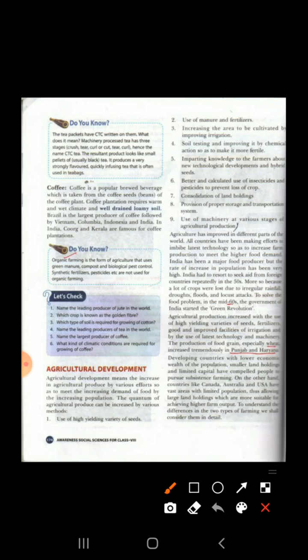It grows in tropical highlands which have hot summers and cool winters, and it requires a warm and wet climate and well drained loamy soil, as it needs to be protected from winds as well as frost. It is usually grown in the shade of trees.